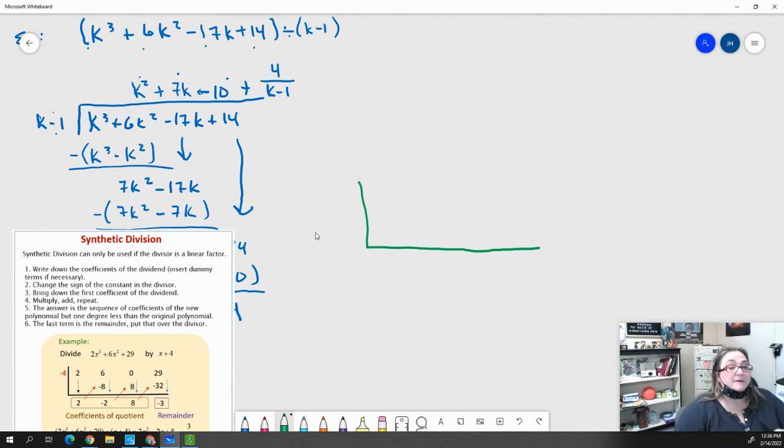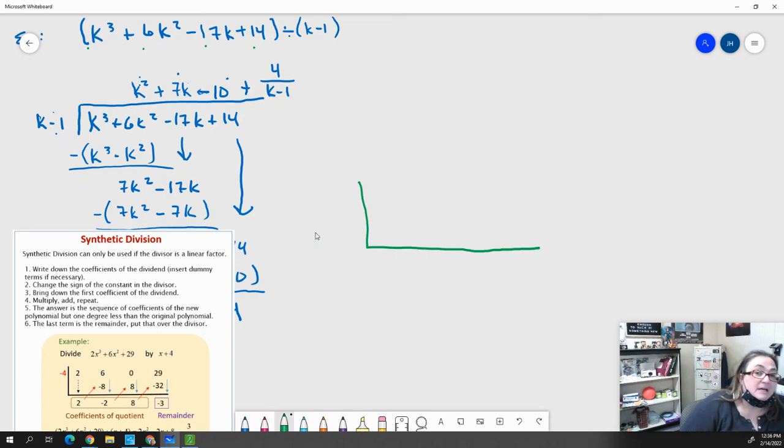And our constant. Now remember last week when we were doing long division, I said if any of these were ever missing, we had to put in a 0 for them. Do you guys remember that? Because the same thing would happen here, but we still have a 3, 2, 1, and then a constant.